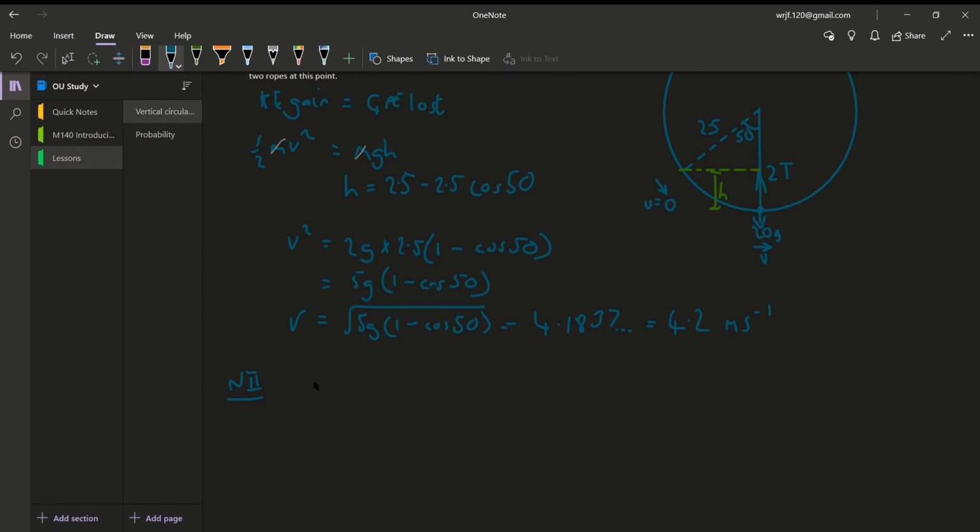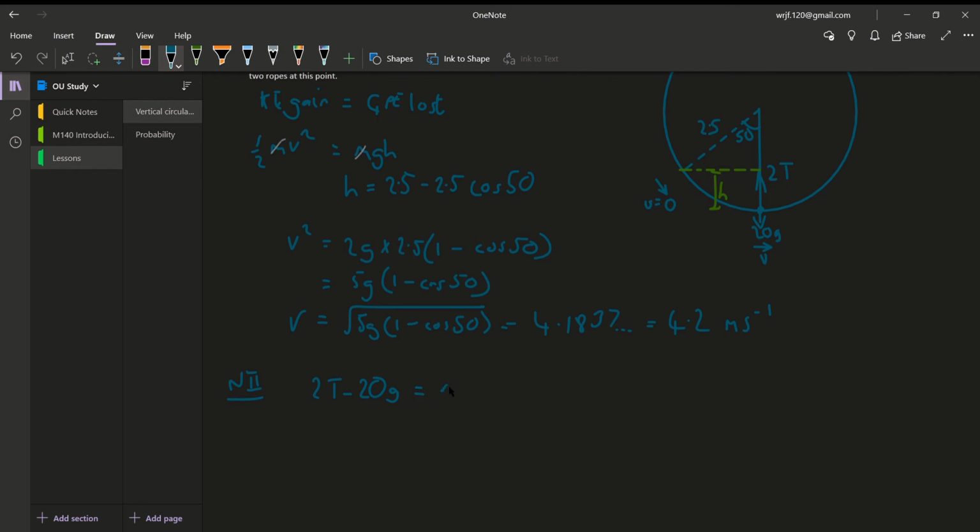So inwards I've got 2T, outwards I've got 20g. No need to do any resolving of the weight force here because it's vertically downwards, so there's no angles, no resolving into components needed. So there's our resultant force, 2T minus 20g. That's our F, and that's got to be equal to ma.